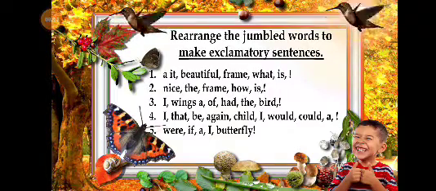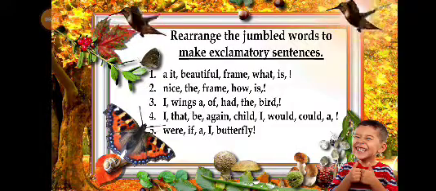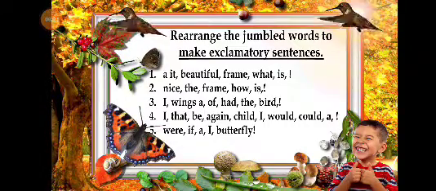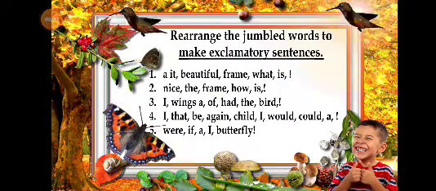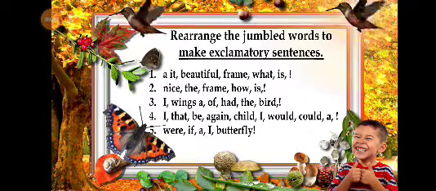Notice please, if we express anything from imagination, which is not possible practically, but we can imagine, then we use had, if, and as a result, we can say, had I the wings of a bird.